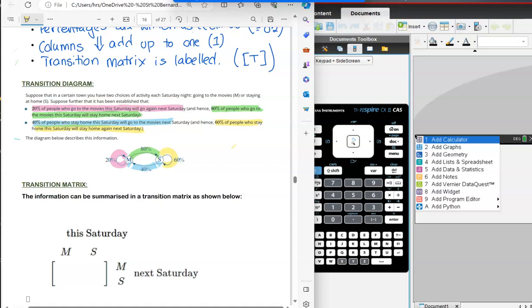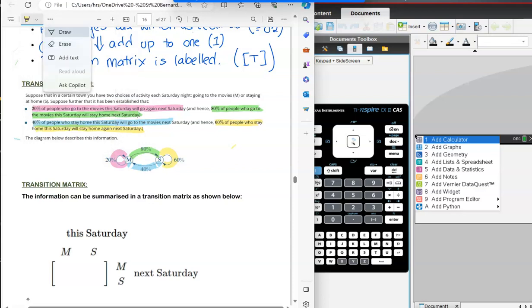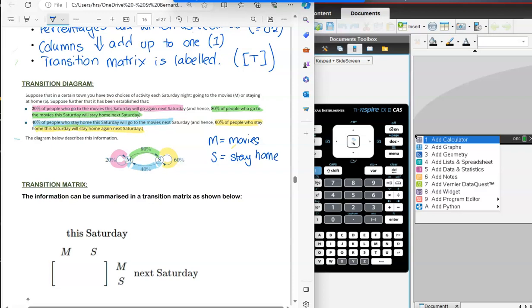So in this case, there are only 2 scenarios happening. You're either going to the movies, which is the M, or you're staying home, which is the S. So let's write that M was going to the movies and S equaled stay home, because we're going to change this into a transition matrix.